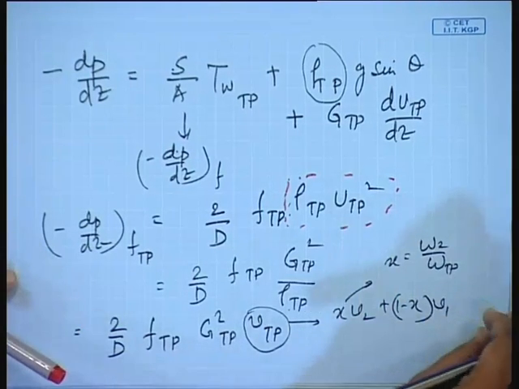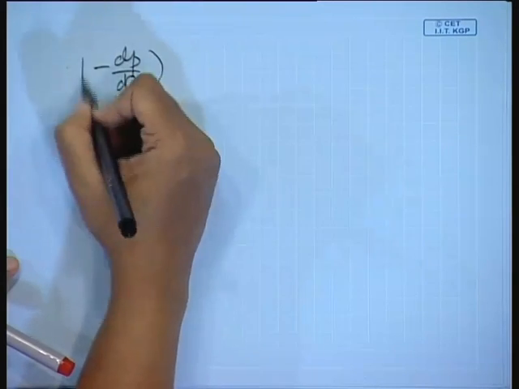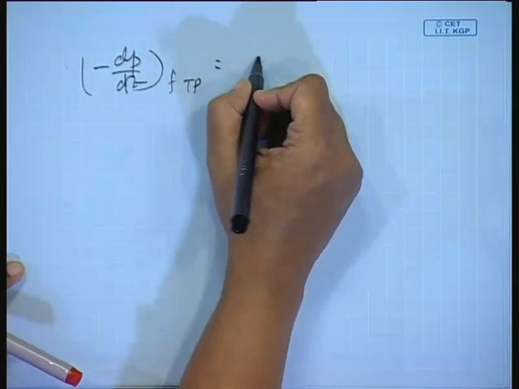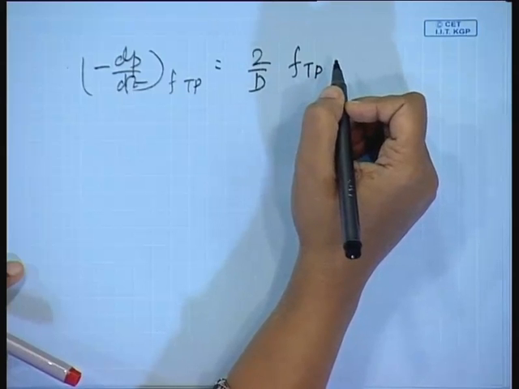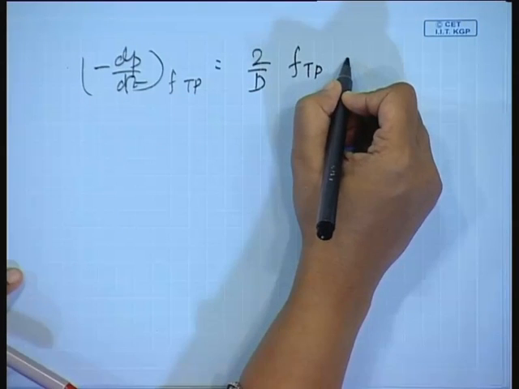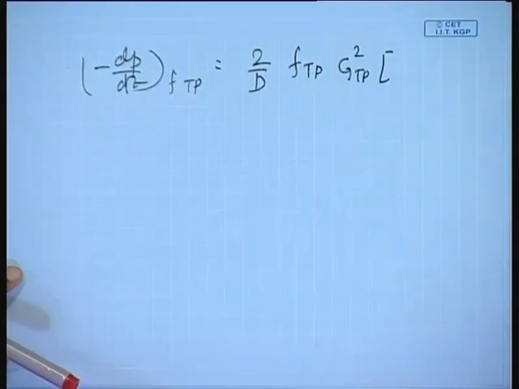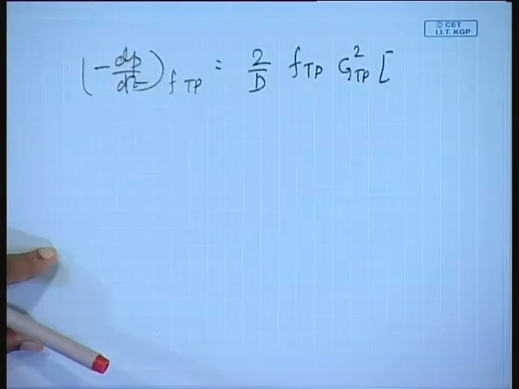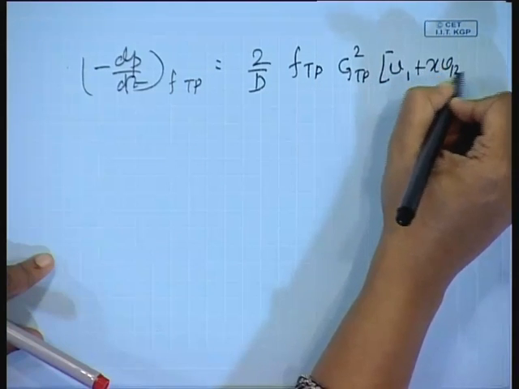So, if you substitute this, then we get the frictional pressure gradient for the two phase flow situation as 2 by d FTP G square, and this particular term can be written down as V1 plus x V12.